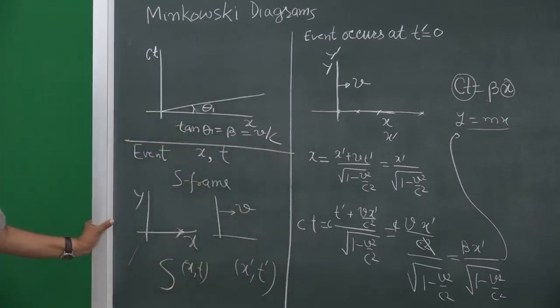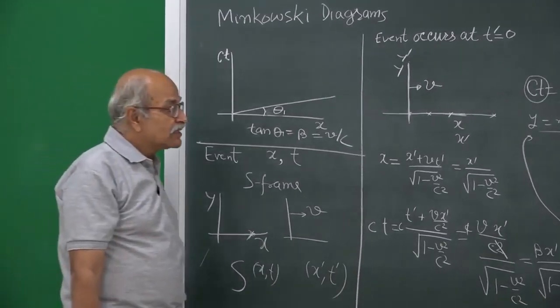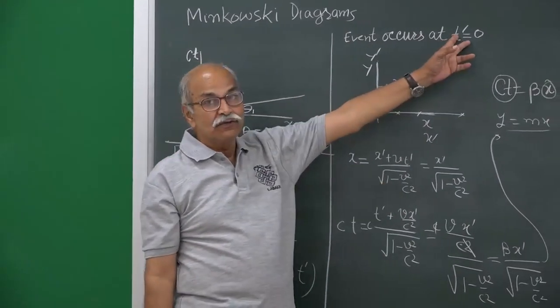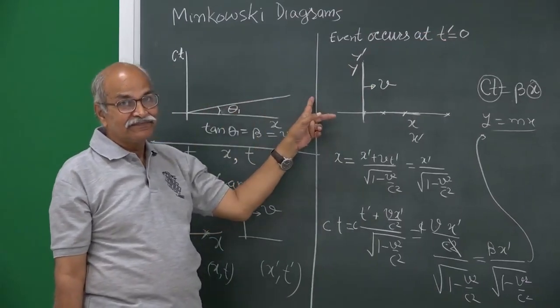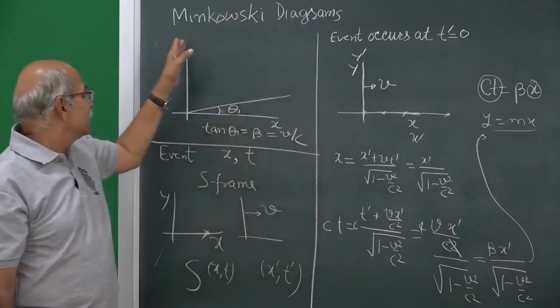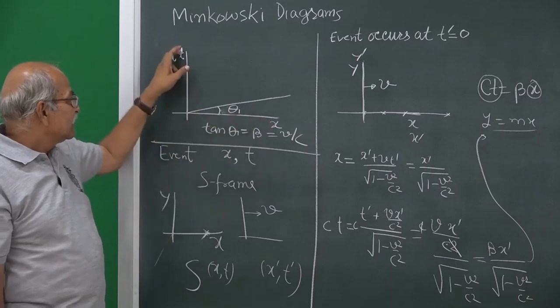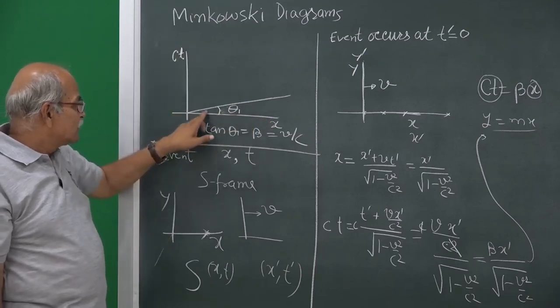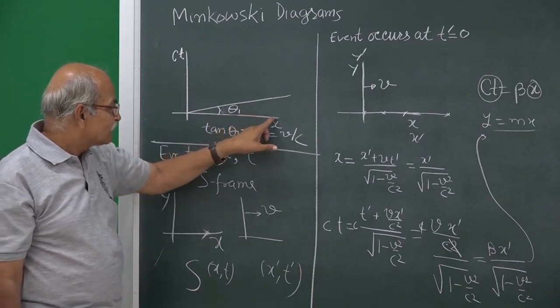Any event which occurs at t prime equal to 0 must be on this line, right. If in this x ct plot I look at these points on the x axis, what is common?